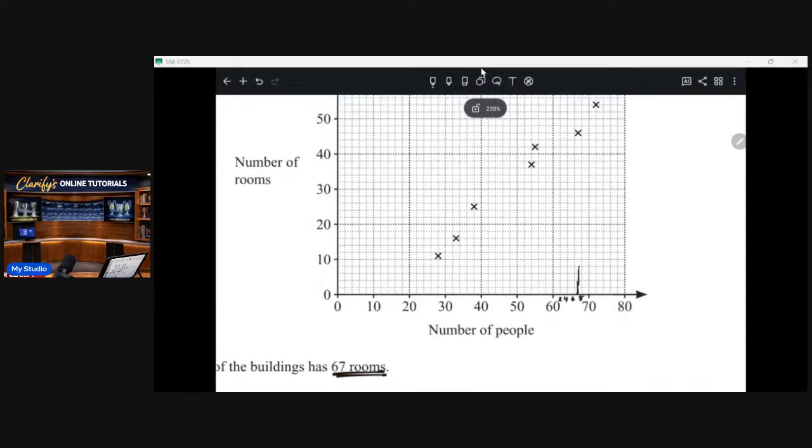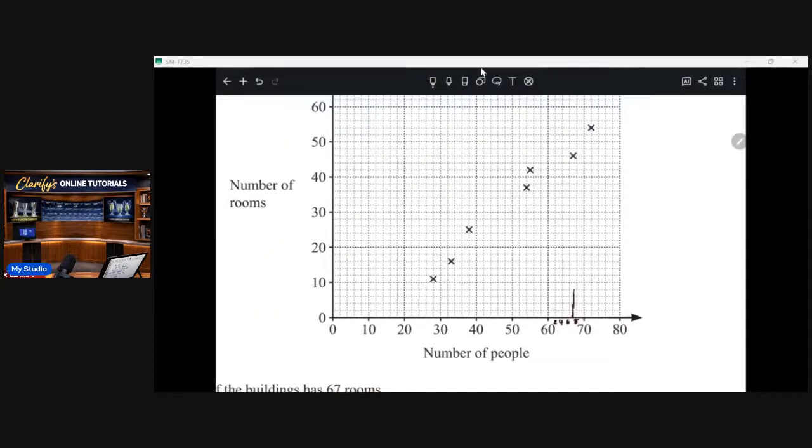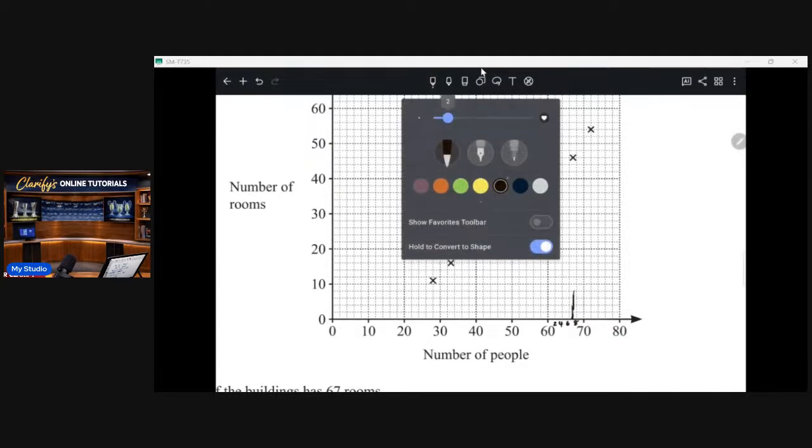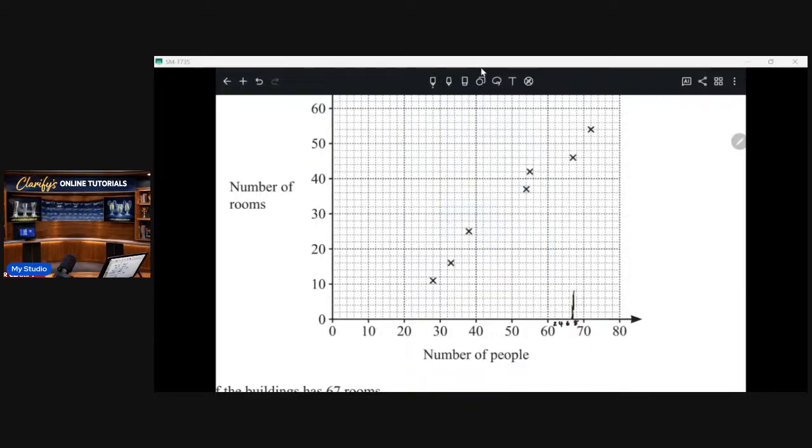So let me tell you what to do on a scatter diagram. When you come to a scatter diagram, you draw what we call the line of best fit. Line of best fit means a line which passes through the points fairly. It should pass through the points nice, fair, and equal like this.